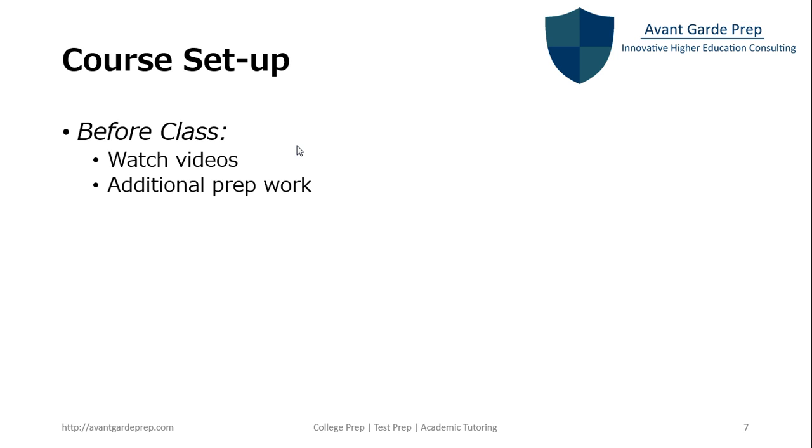There may be additional prep work, maybe a short assignment or some things for you to ponder and think about, and to come prepared to discuss in class. But the idea is that I'm keeping this to roughly 30 minutes of work before class, and not trying to put too much on your shoulders.